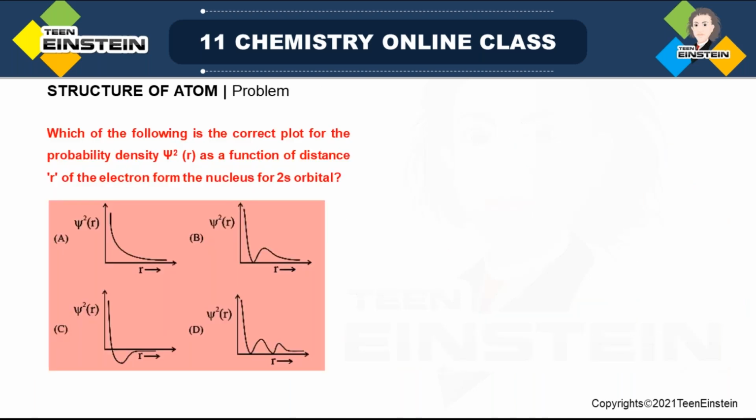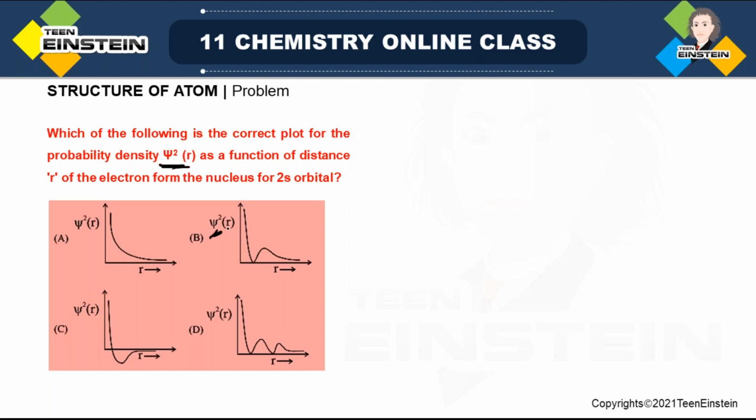Now, related to this type of radial distribution, or radial probability distribution graphs, we'll discuss related problems now. Here the problem is saying which of the following is the correct plot for the probability density chi-square. Now the previous plots that you have seen are not chi-square but capital R is given, but actually these two are analogous.